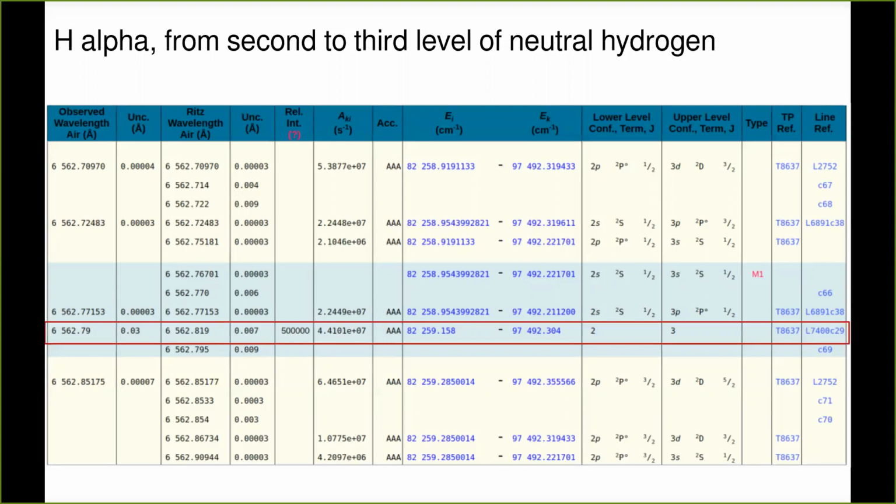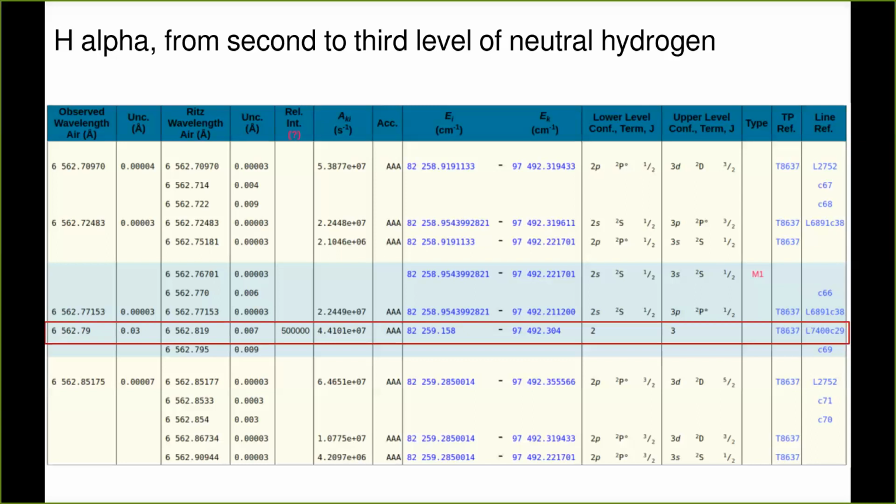Luckily, nice people at NIST did what? They have a separate entry for us who want to model H-alpha properly, and there is no lower and upper level configuration. There's only numbers 2 and 3, and some mean energies and some Einstein coefficient here. Okay, so from this we can take this. We know that from the upper and lower level numbers, we can calculate the so-called degeneracies.